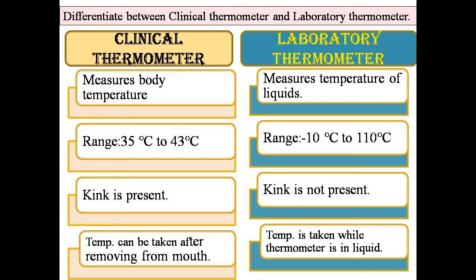A kink is present in clinical thermometer and kink is not present in laboratory thermometer. In clinical thermometer, temperature can be taken after removing from the mouth, but in laboratory thermometer, temperature is taken while the thermometer is in liquid.